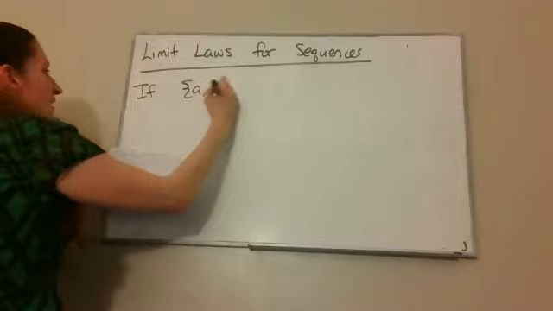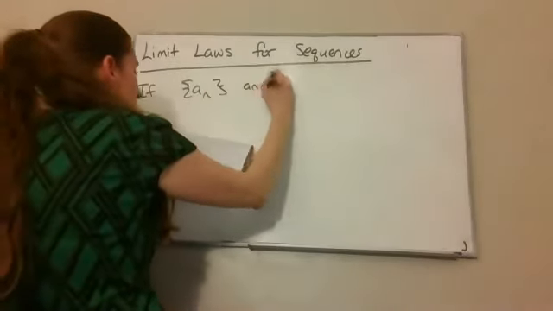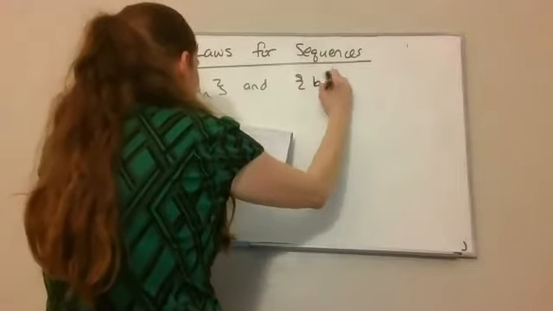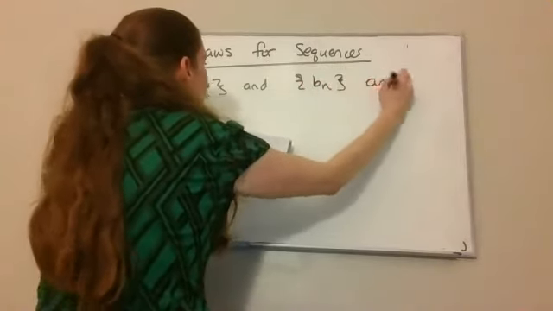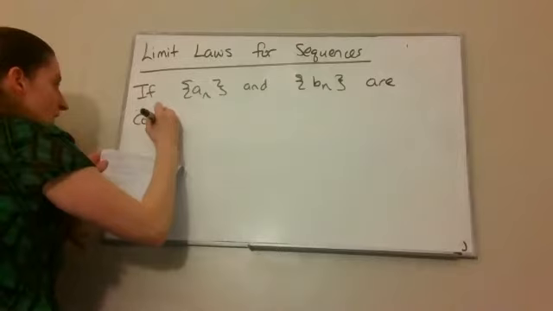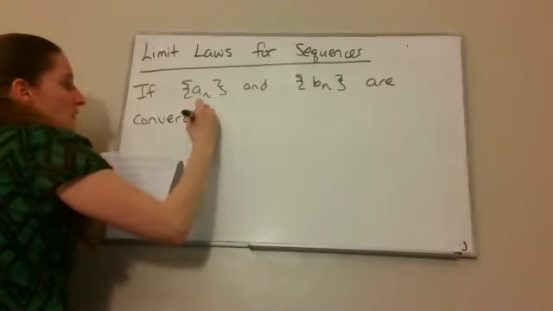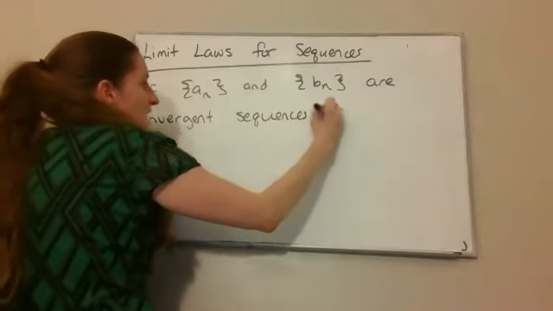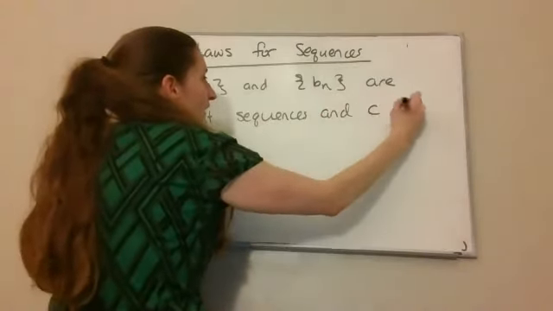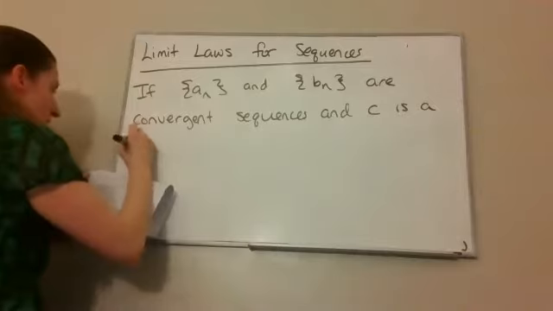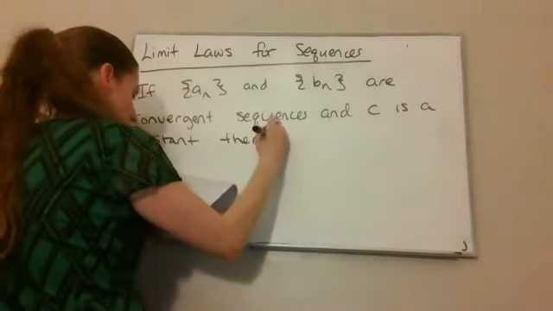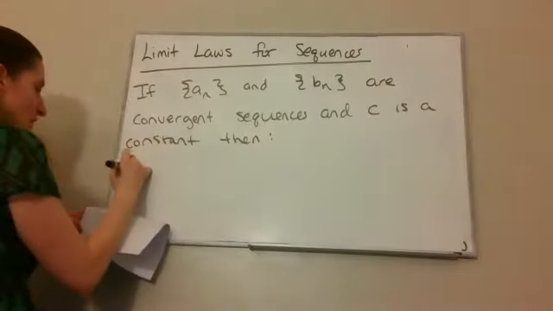If a_n and b_n are convergent sequences, and c is a constant, then we have a bunch of limit laws.